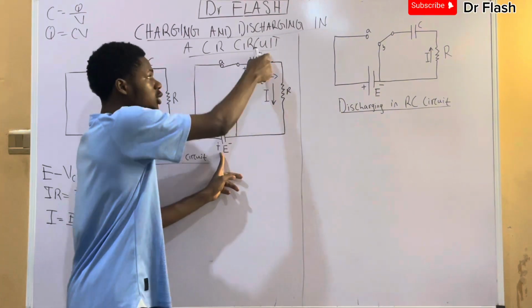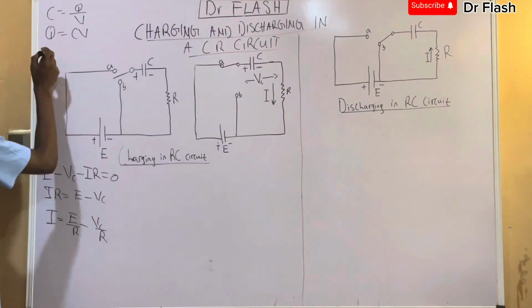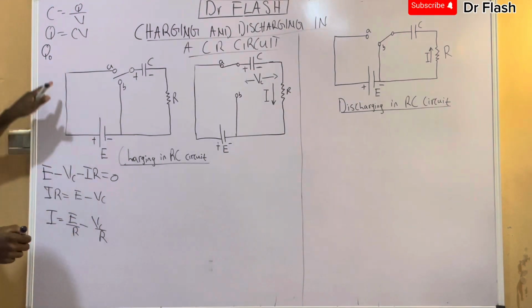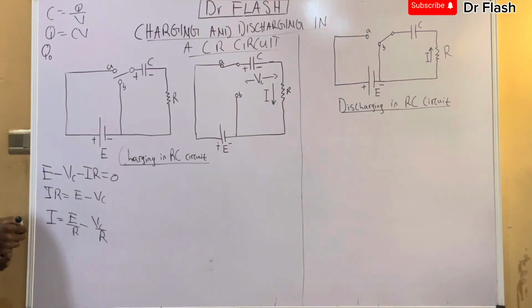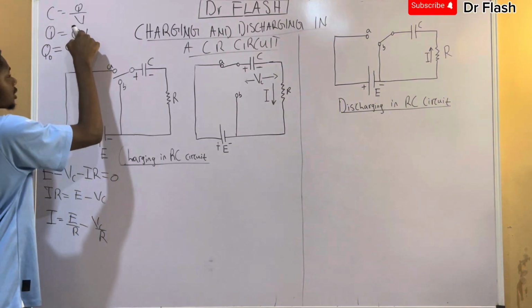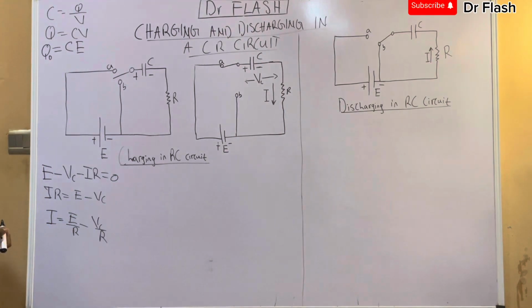That is, E becomes equal to VC. So when it is filled, we now have a maximum charge, and we are going to represent that maximum charge as Q naught. So Q naught will be equal to C times V, which becomes E.